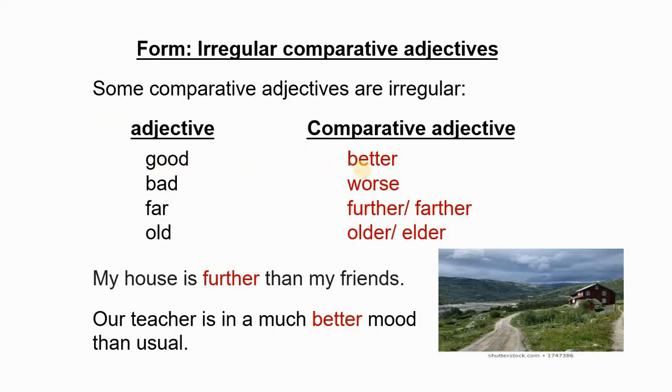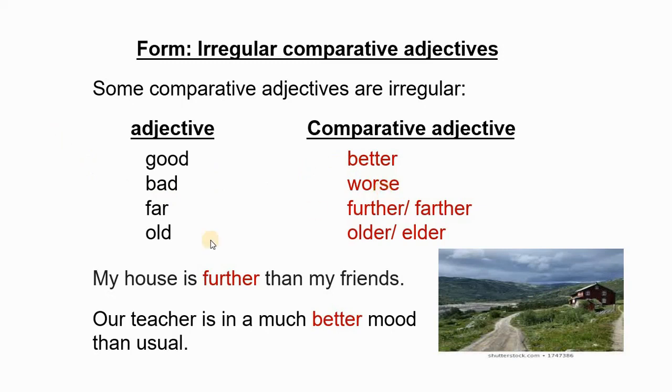It is not gooder. So good becomes better because it is an irregular adjective. We change the spelling. And it is not more good, it's only better. Okay? Bad becomes worse. Not badder, not more bad.